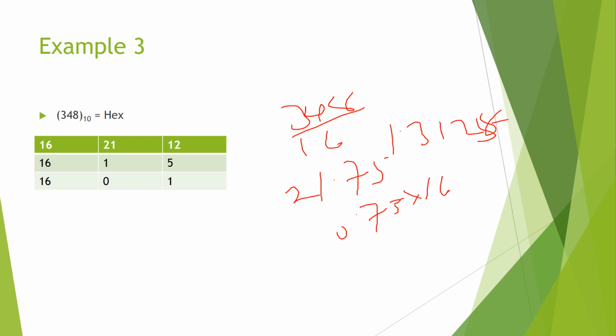So in this case, remember our most significant digit is here, and on top here we have our least significant digit. And in this case, we will have 1, 5, 12. And remember, 12 is greater than 9, so we need to convert it to its equivalent letter.